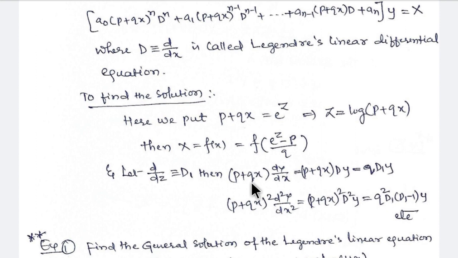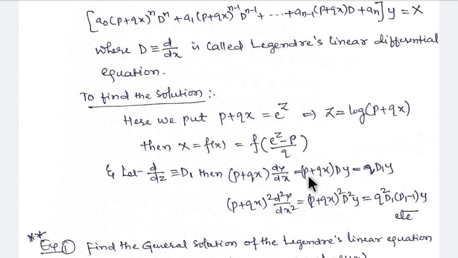You see that (P + Qx) dy by dx, that means (P + Qx) d, where in the place of x is the linear function P + Qx. There we replaced xd by d1.